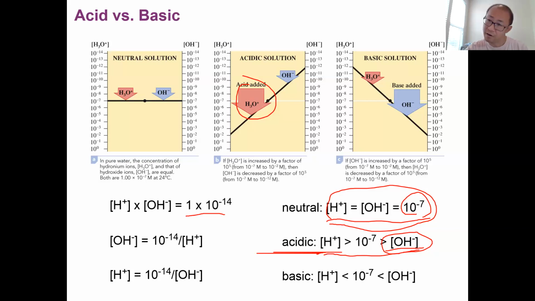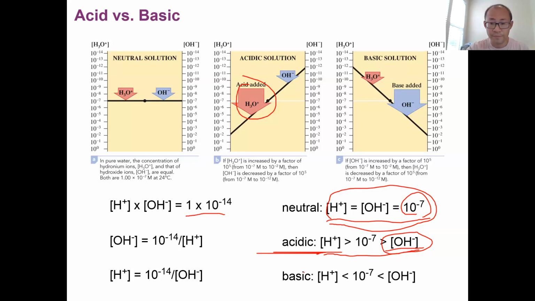If the proton concentration is higher, it will be higher than 10 to negative 7th. And the other one must be lower than 10 to negative 7th, because again, the ion product of water, when they multiply each other, must be equal to 10 to negative 14th. So when the proton concentration is higher than 10 to negative 7th, it must be higher than the hydroxide concentration.